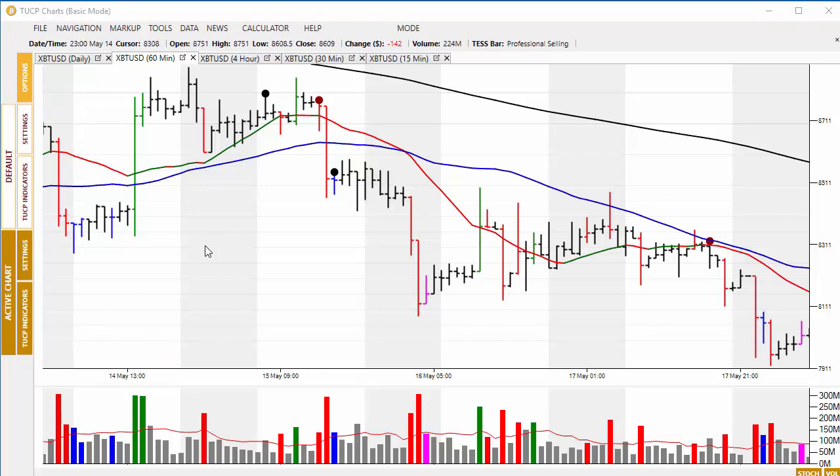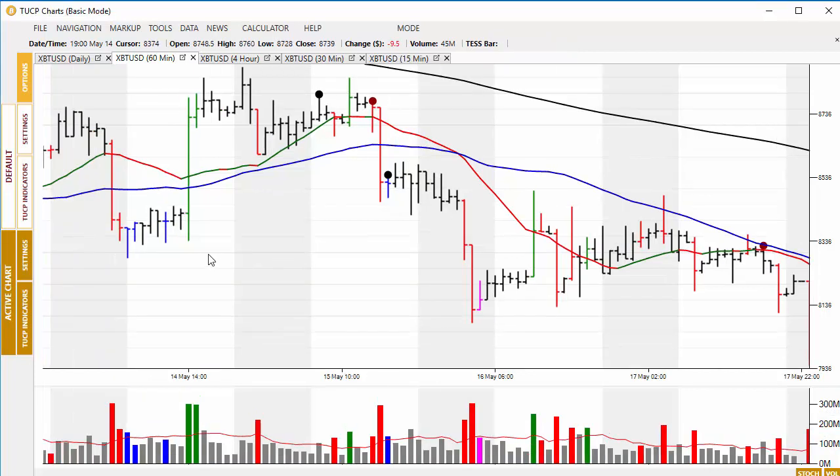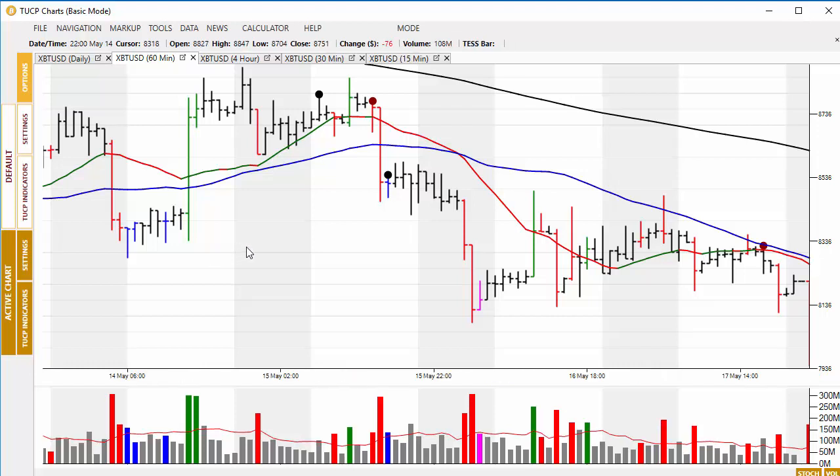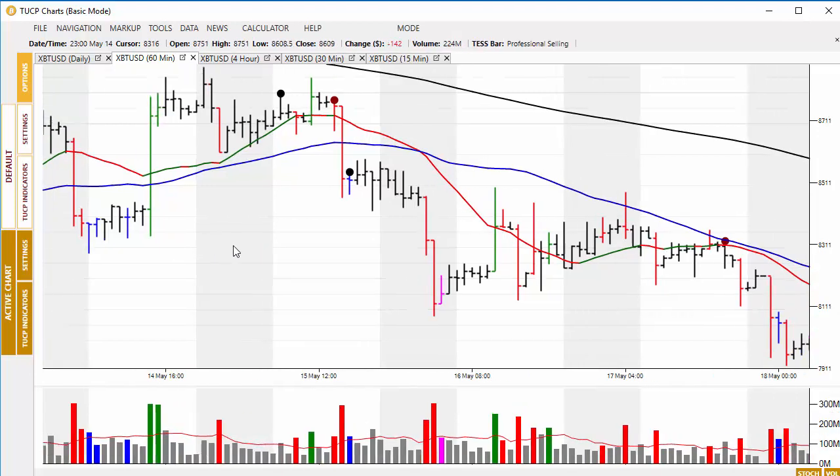But if you've not seen any of the videos on moving averages and the test bars, then go and have a look at those first, otherwise it may create a bit of confusion. But again, you will understand why all of this comes together and forms a very powerful predictor of market action. But the first thing we need to do is to add the pivot points to the chart.